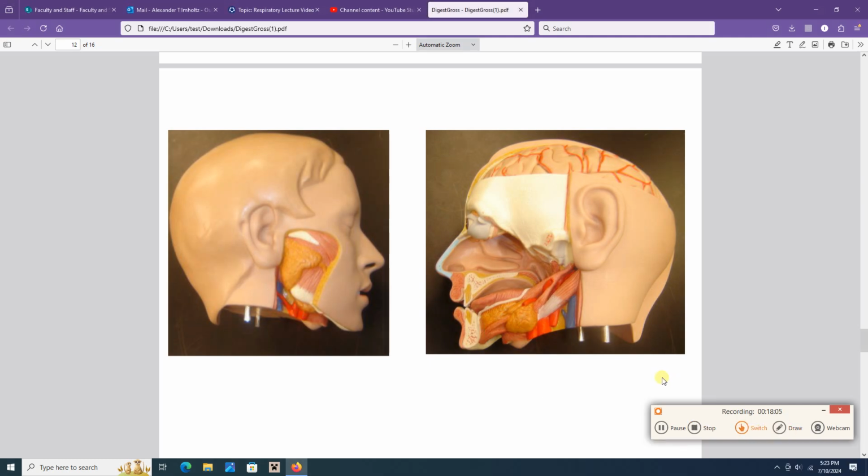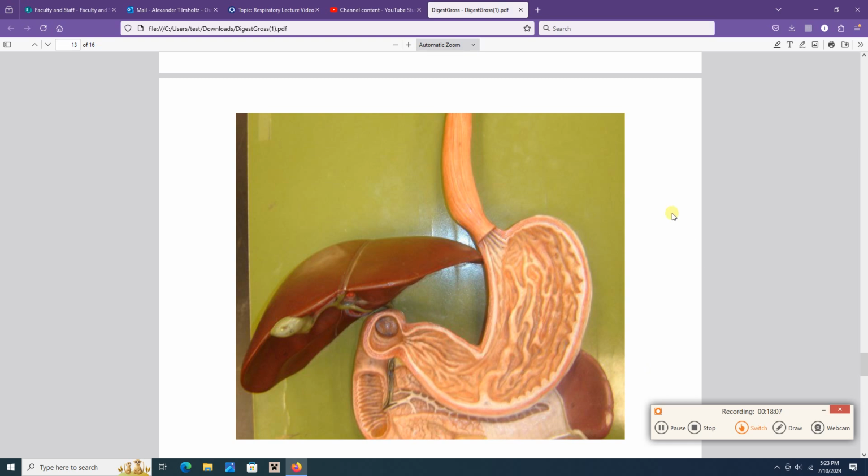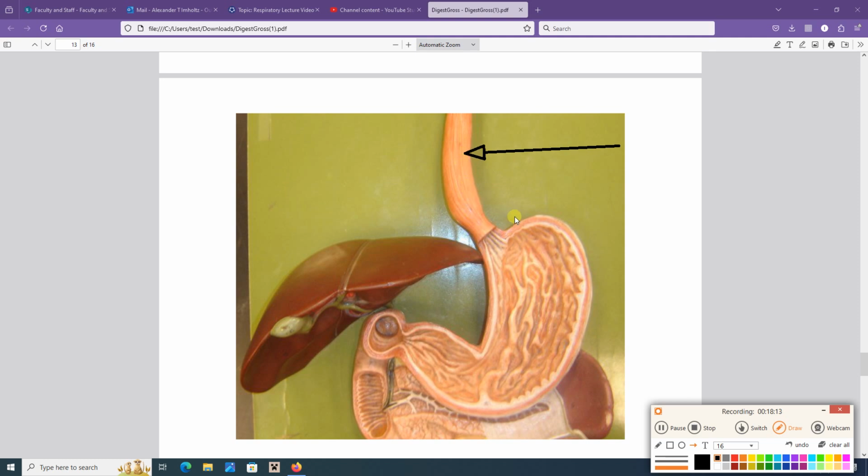And then if we keep going, what's next? All right, we got some more digestive stuff. We got our esophagus. We're going to have our regions of the stomach, including the fundus, the cardia, the body. I didn't put that totally on the body.